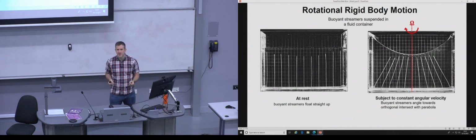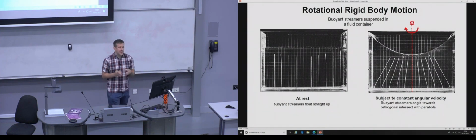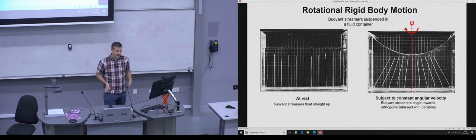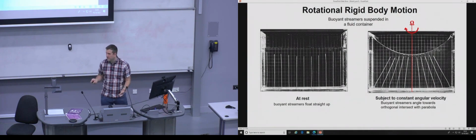So these are basically pieces of string which float, try and reach the surface. When it's at rest, these streamers float vertically. When you accelerate it with a circular motion, they kind of collapse inwards. And this is representing the direction of the effective depth, the resultant force that's acting on this fluid.